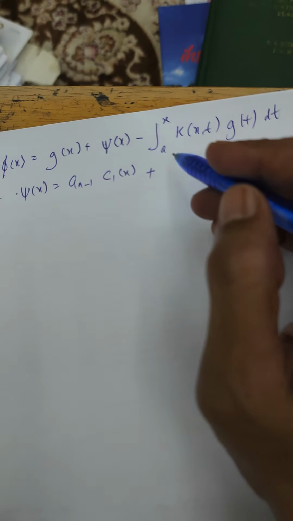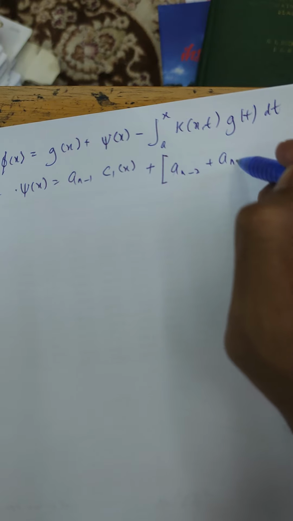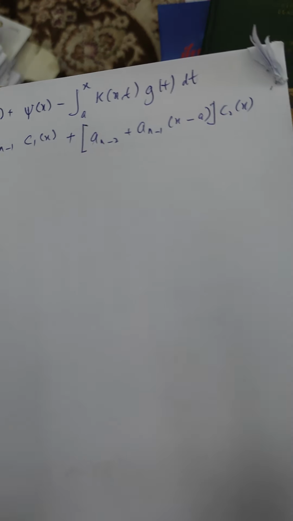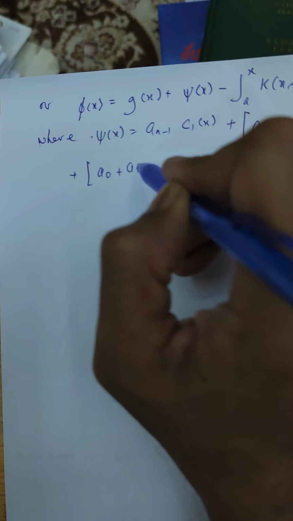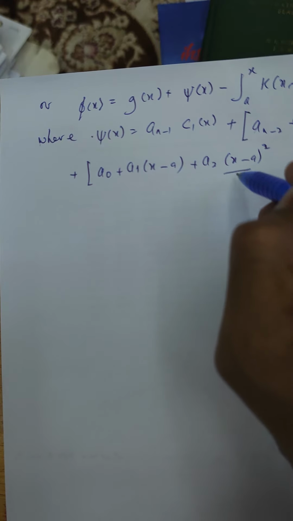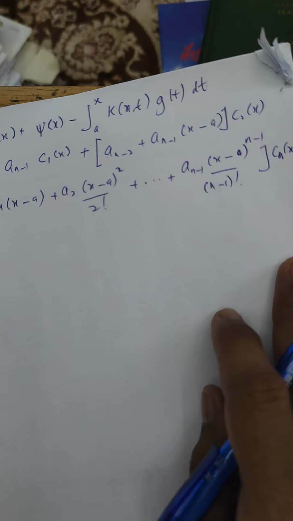So I copy that again: C1(x) plus a_(n minus 2) plus a_(n minus 1)(x minus a) times C2(x), plus a_0 plus a_1(x minus a) plus a_2 (x minus a) squared over 2 factorial, plus a_(n minus 1)(x minus a)^(n minus 1) over (n minus 1) factorial, times C_n(x).